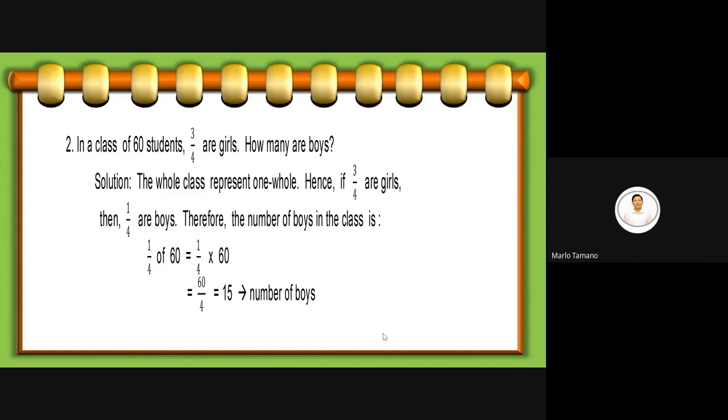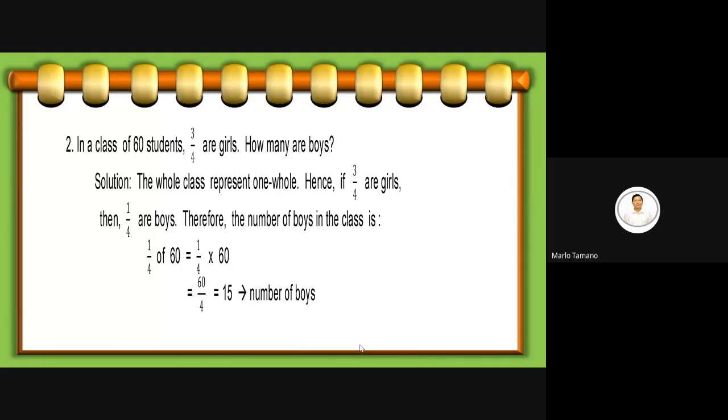In a class of 60 students, 3/4 are girls. How many are boys? Okay.